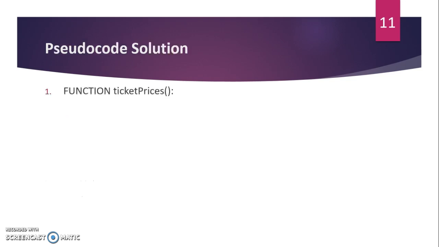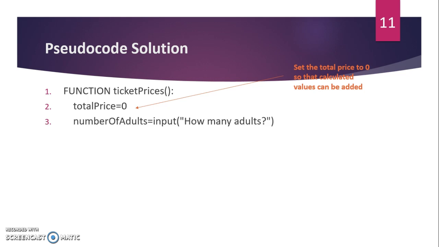So our pseudocode solution, first line, obviously we might write this in a function, which we could call ticket prices. We can then say that the total price at the moment is 0. So we set the price to 0 so that when we calculate values of an adult and of a child and any discounts, we can add that. We then ask, how many adults are there?